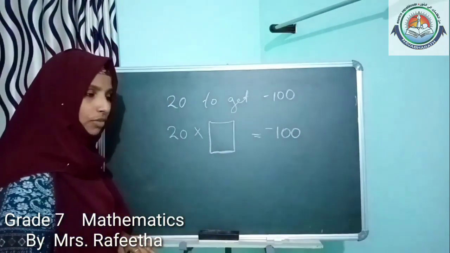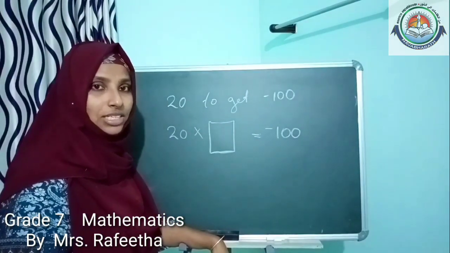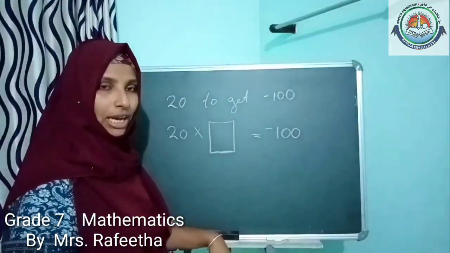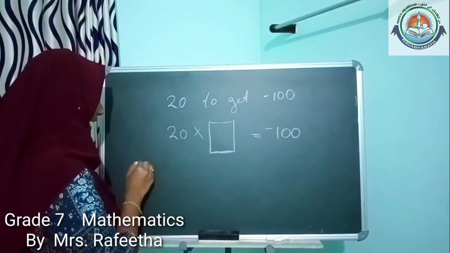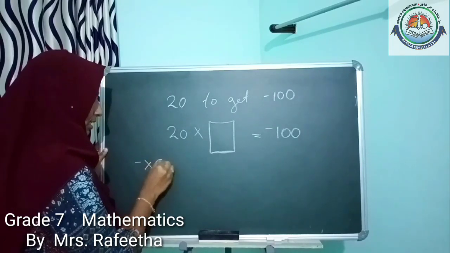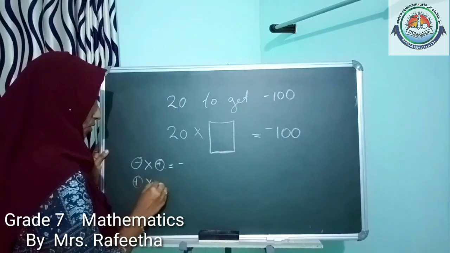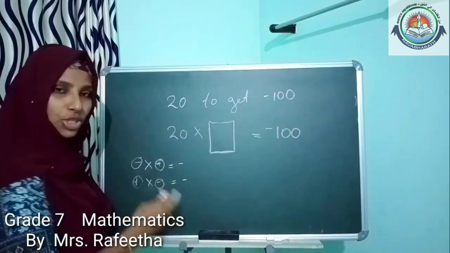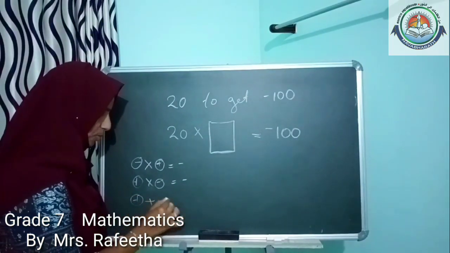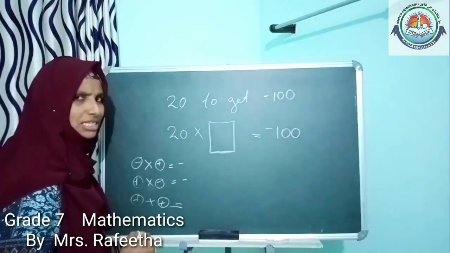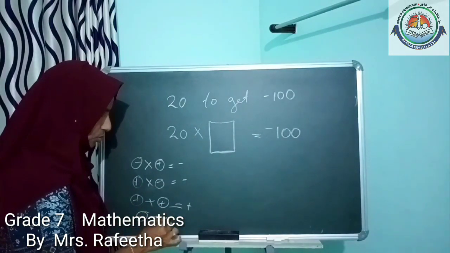Another thing we need to know: what is the sign of this 100? The 100 sign is minus. Since it is minus, we know that minus into plus equals minus and plus into minus equals minus. This we studied in the first class. And plus into plus? Plus. Then minus into minus?